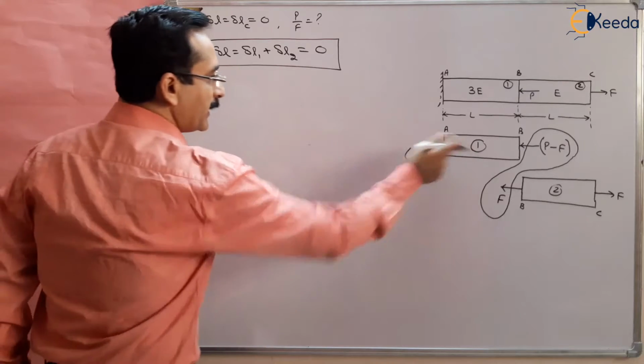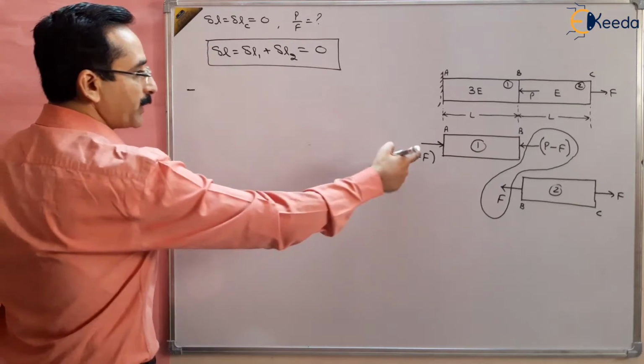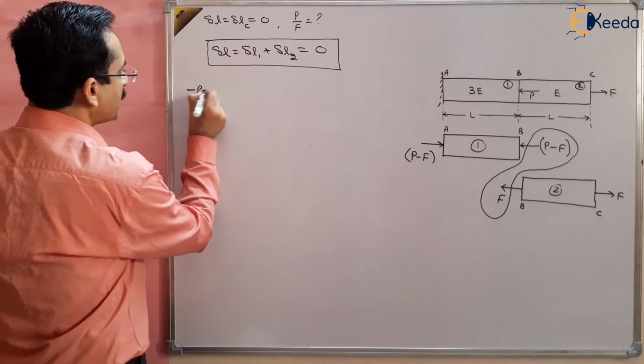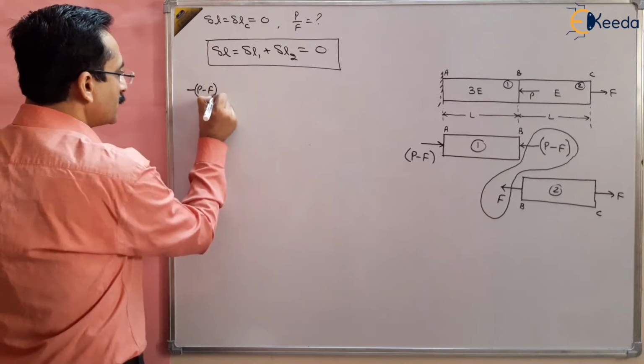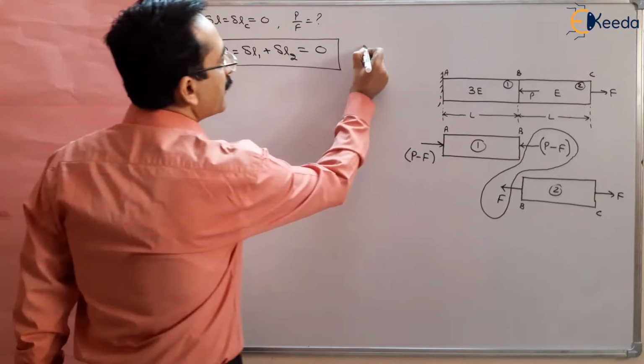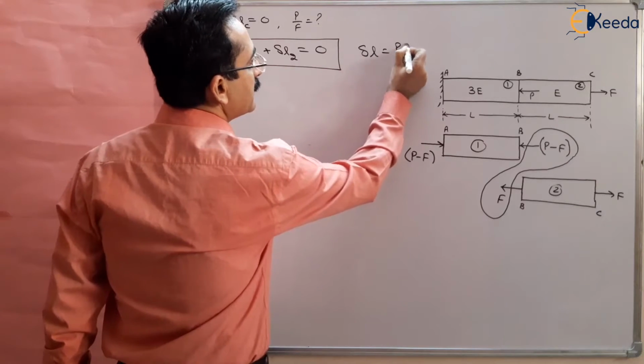So I can write delta L1 as minus, because it is compressive, (P minus F) multiplied by length, because our deflection formula is PL upon AE.